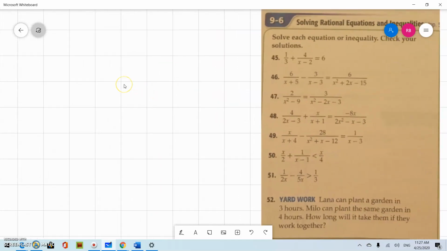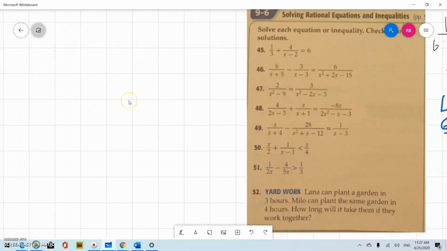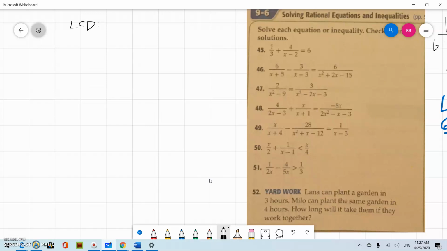Now we're going to do 9.6, which is an equation and inequality problem. One thing that you need to remember about equations is that you want to multiply all the fractions by the common denominator. So number 44, the LCD, the least common denominator, is 3 times x minus 2.